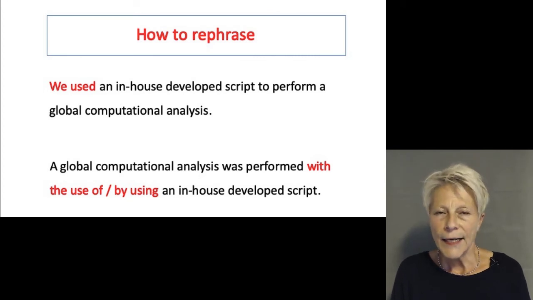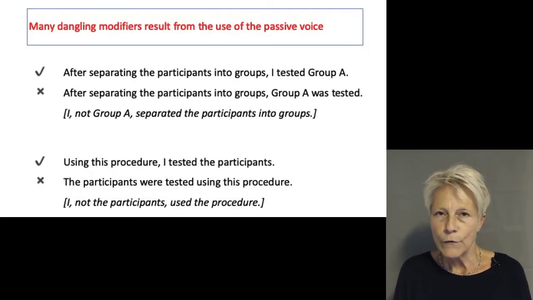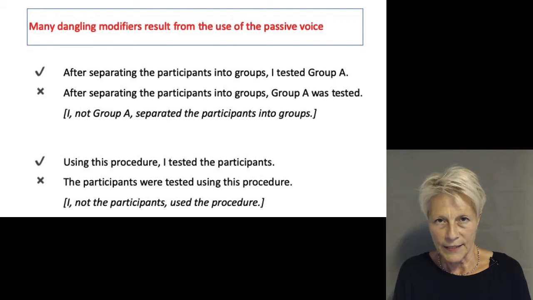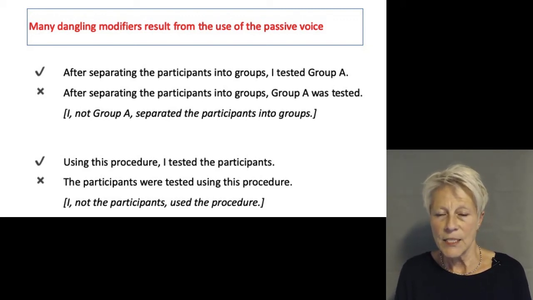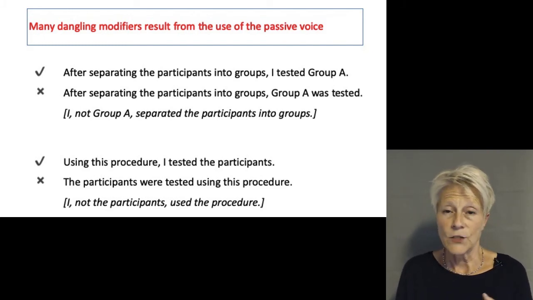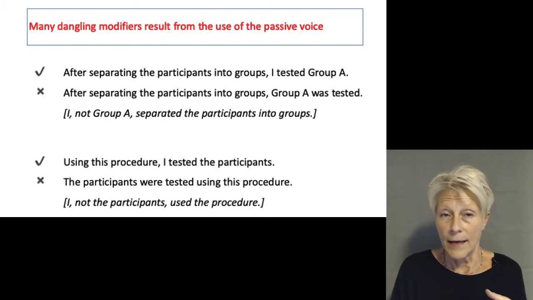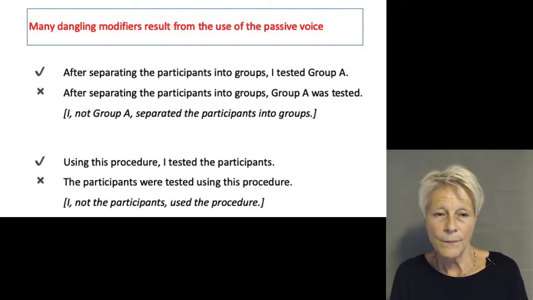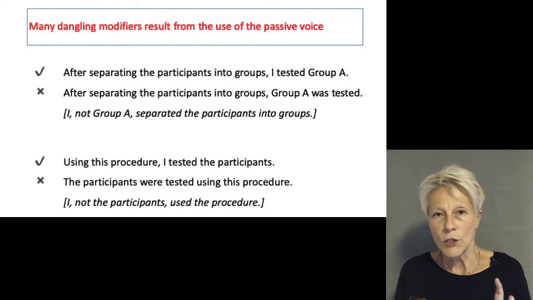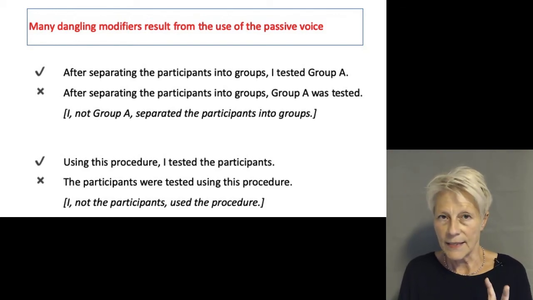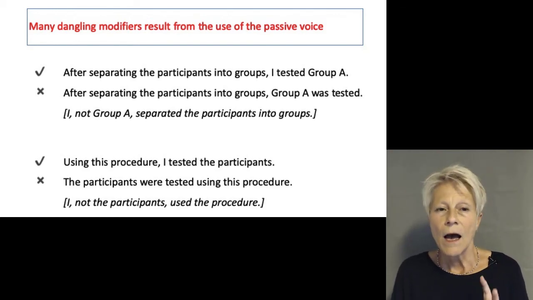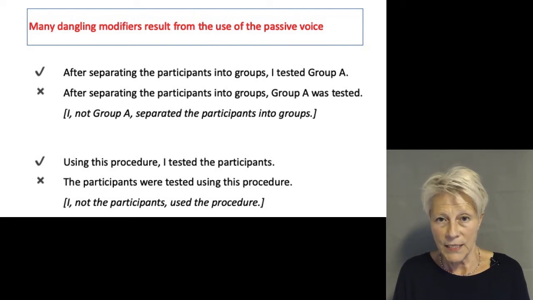Often, dangling participles stem from the use of the passive voice. After separating the participants into groups, I tested group A. Now, that's correct. The I is testing and the I has separated the participants. When I convert the sentence to the passive, like in the second rephrasing, after separating the participants into groups, group A was tested.